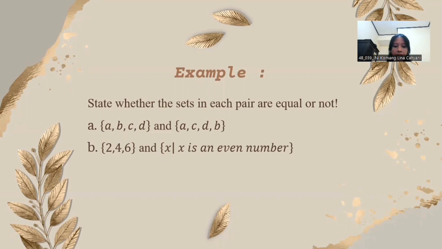And if we can find even one element in this set that's not in the set {2, 4, 6}, then they are not equal. So for example, 8 is not an element of {2, 4, 6}. So {2, 4, 6} does not represent all the even numbers. So these two sets are not equal.